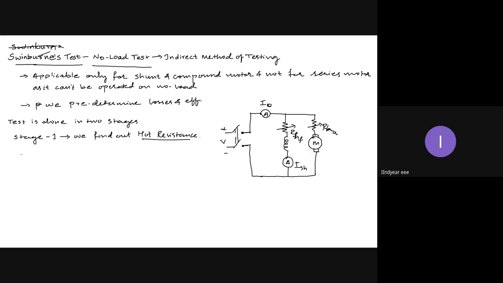So what we do here: we find winding resistance in cold state, that is, motor not operating.